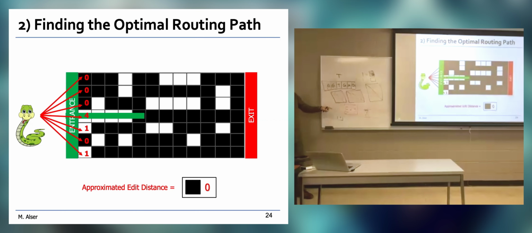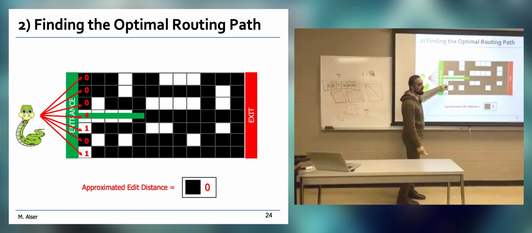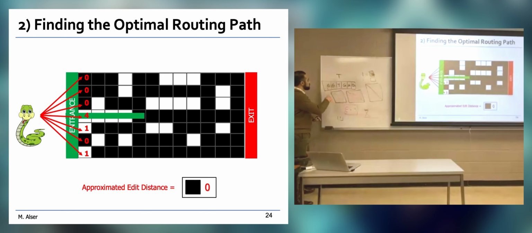Imagine our algorithm failed to calculate this, but calculates something like this instead. If you choose this short path, it means you are choosing this short match over the very long match. This is going to give you a wrong prediction about the matches or the mismatches.